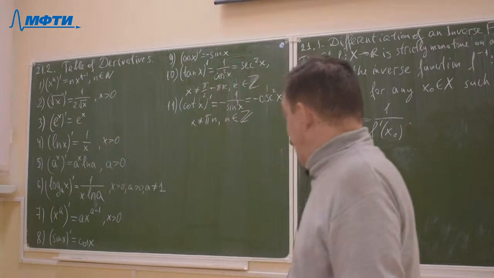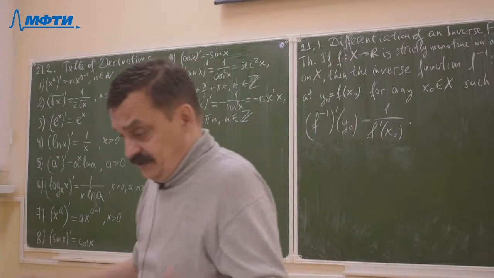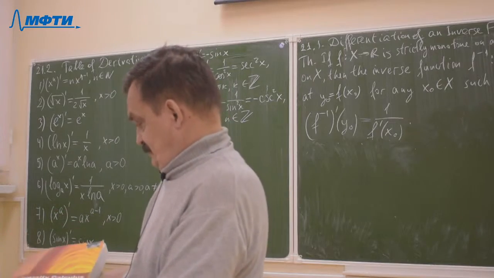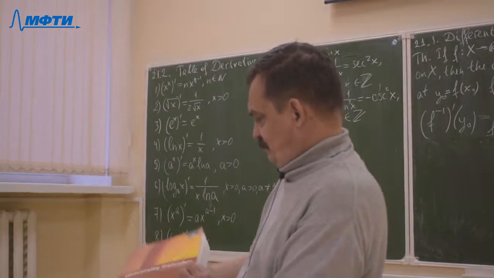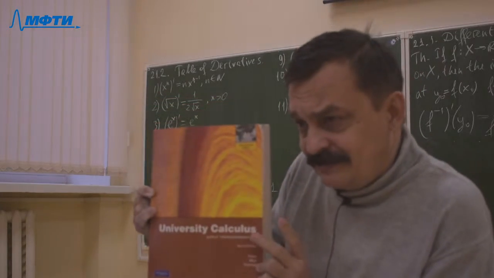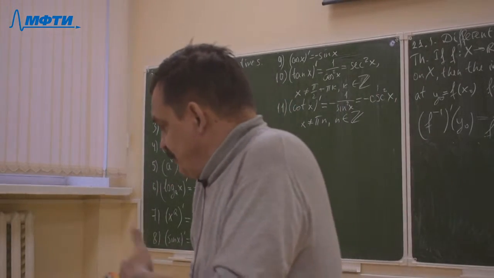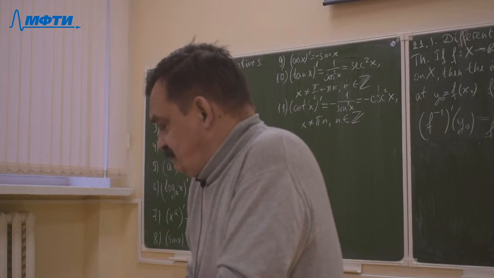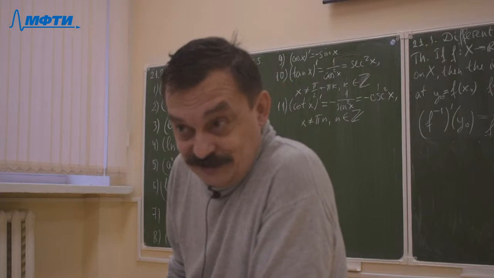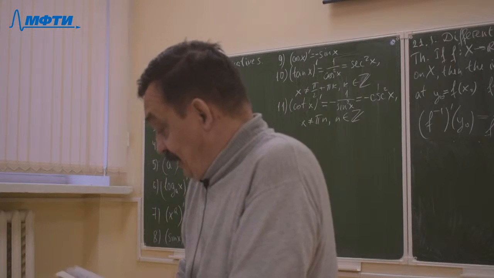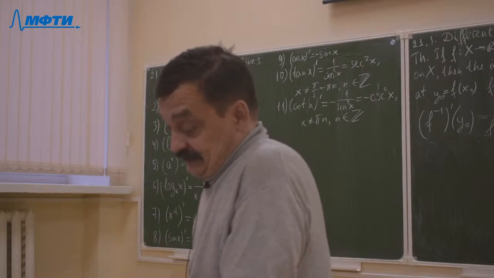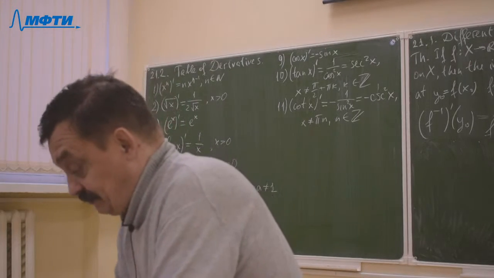But I worked for many years in Istanbul, and we used another textbook by Thomas, University Calculus. But I don't recommend it, it's just to show that in many countries there are different notations, so you should know both of them. And in that textbook, inverse trigonometric functions are denoted using sine minus 1 and so on.